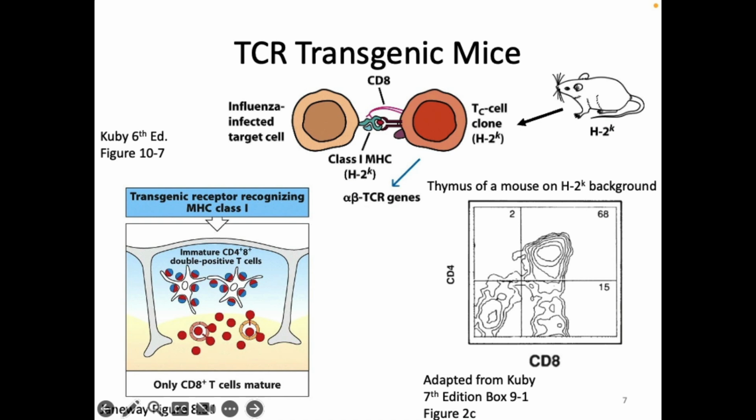I just showed you, I would just put it into the embryo, let the cells develop. But I could take embryos that had different MHC genes. For example, an embryo that had the H2K, the same MHC as my T cell that I put in, or I could put them in embryos that had a different MHC type.